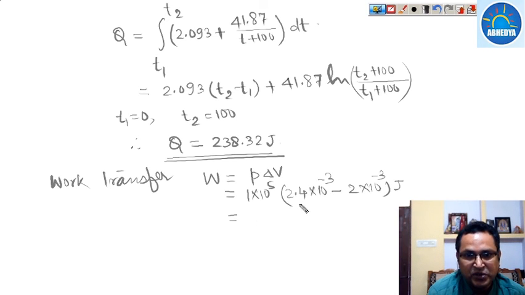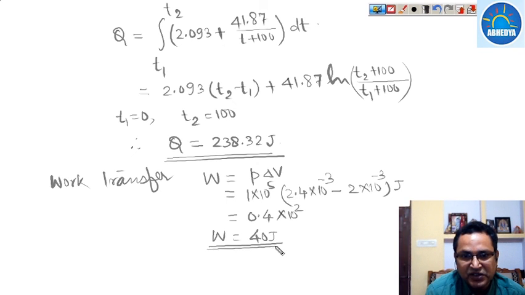So this comes to be 0.4 into 10 raised to the power 2, that is 40 joule. So the work transfer is 40 joule.